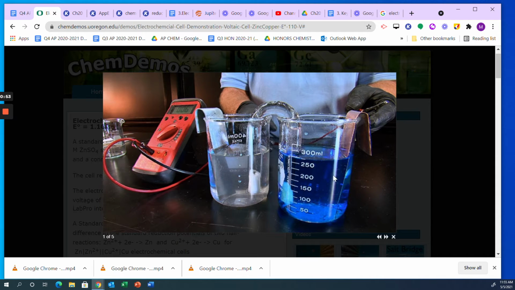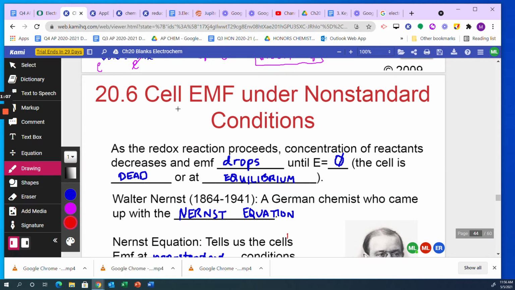But if these happen to be 0.5 molar, like what I did was I just put a whole bunch of salt in there, I didn't even measure it, the potential is not going to be what you think it would be. Therefore, you can calculate what the potential is if you're not under standard conditions. And that's what we will be learning today.